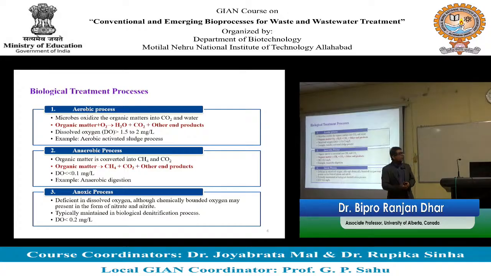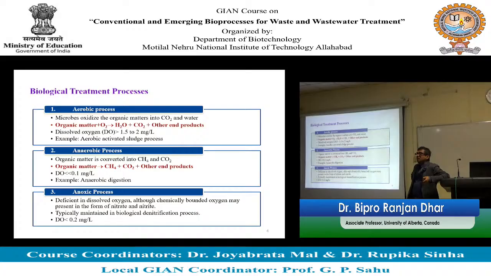It can be in the form of nitrate, or, as we learned yesterday with the example of acid mine drainage, sulfate for sulfate reducing bacteria. A very common example of an anoxic process in wastewater treatment is the denitrification process.